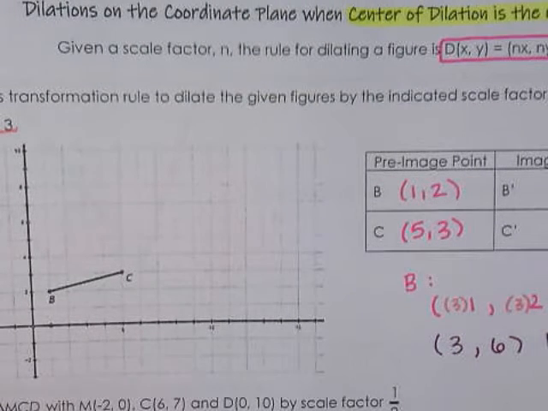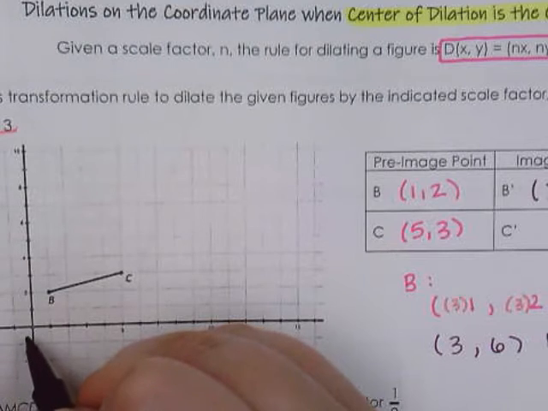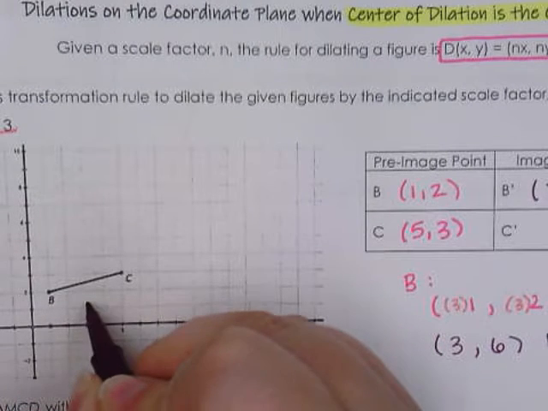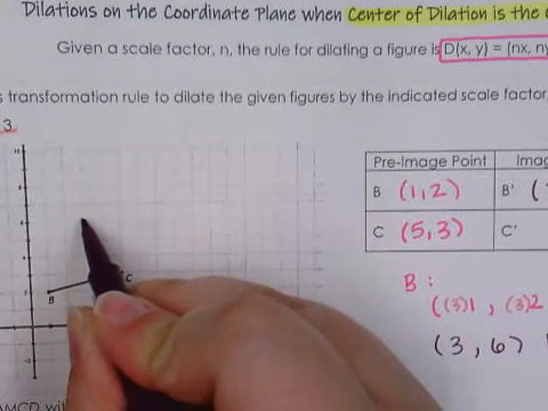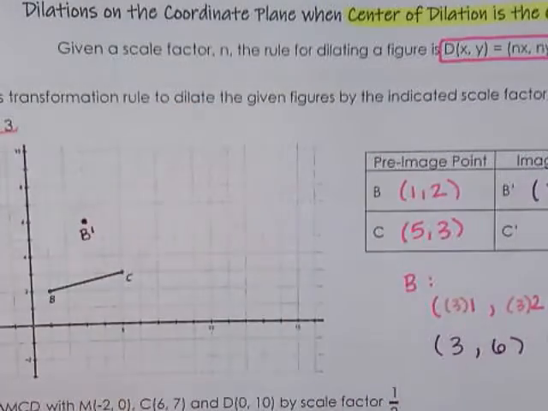And now we found B prime. So B prime is at (3, 6). I'm going to go ahead and plot that point: 1, 2, 3, up 1, 2, 3, 4, 5, 6. And so we've got B prime here.